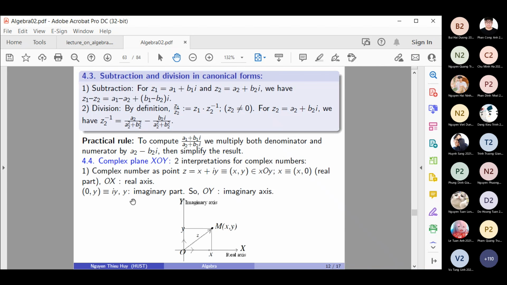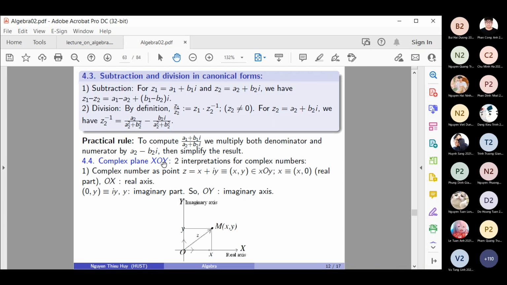Okay, now let me tell you again how to represent complex numbers on a plane. This we call the complex plane x, y. It is the plane that we used before when we wanted to show what the imaginary axis or imaginary unit is.